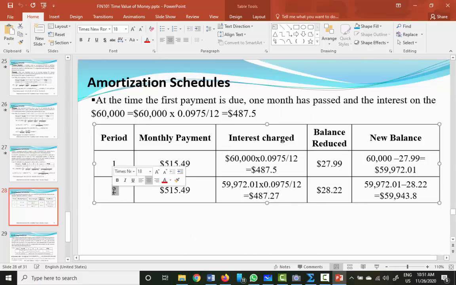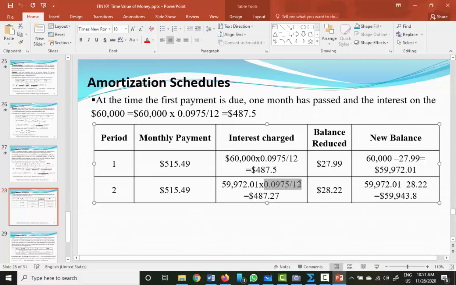At the end of the second month, when you go for your second payment or second installment of the same $515, the bank will calculate the interest amount for the second month.